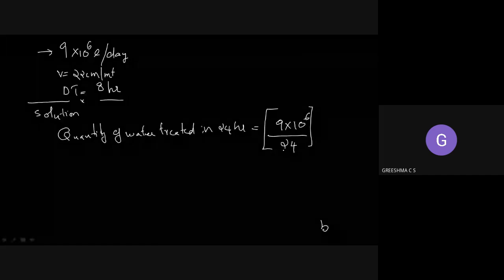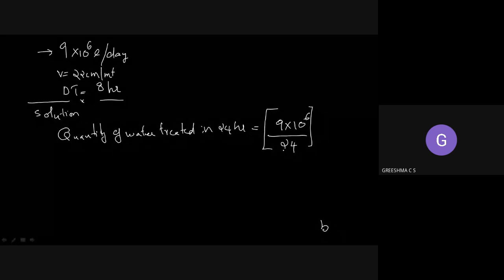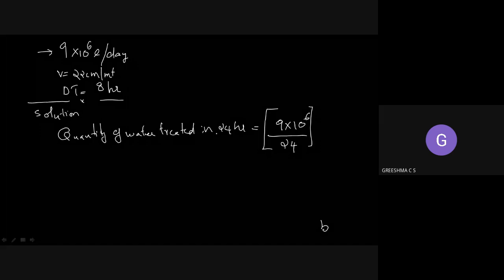Now they have given the detention time. Detention time is 8 hours. So the quantity of water that is to be treated in a sedimentation tank: 9 into 10 raised to 6 liters is the total demand in a day.